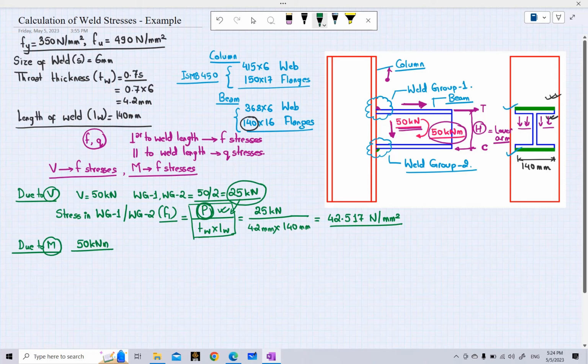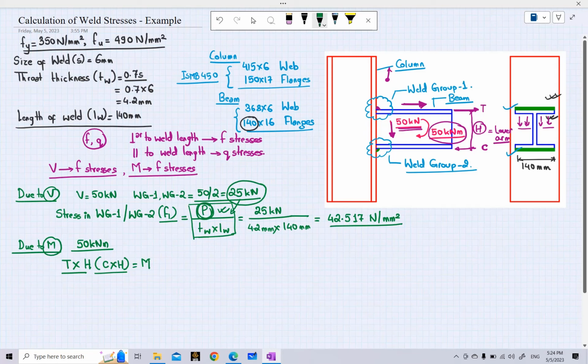So how to calculate the force here? The general formula is the value of the tension force multiplied with the value of the lever arm H, or you can also write this as the value of the compressive force into the value of the lever arm, either this or this. This will give you the value of moment.